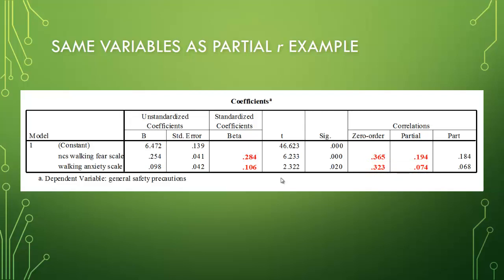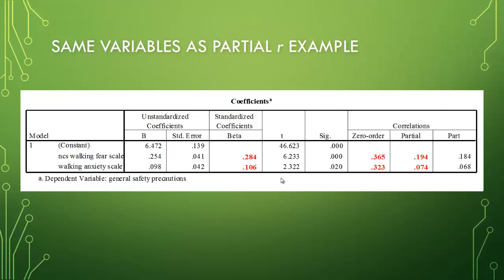So note that the fear variable is significant with a probability value less than 0.001. But also notice that the general anxiety variable is also significant with a probability value of 0.020. This is less than our standard alpha level of 0.05, so it's also significant. So both these variables are significant in predicting the number of safety precautions.